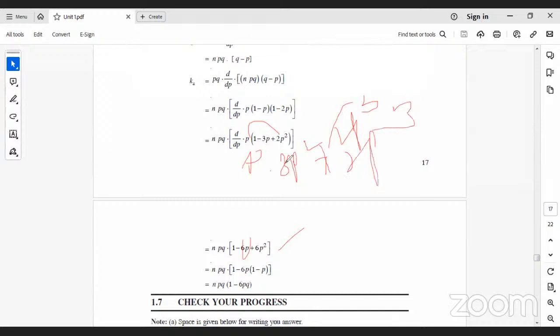Clear? So we are differentiating it, dp by p is 1, that is 6p, this is 3 into 2, 6p square. So taking 6p common, 1 minus p. So 1 minus p, since p plus q is equal to 1, np is equal to 1 minus 6p cube.